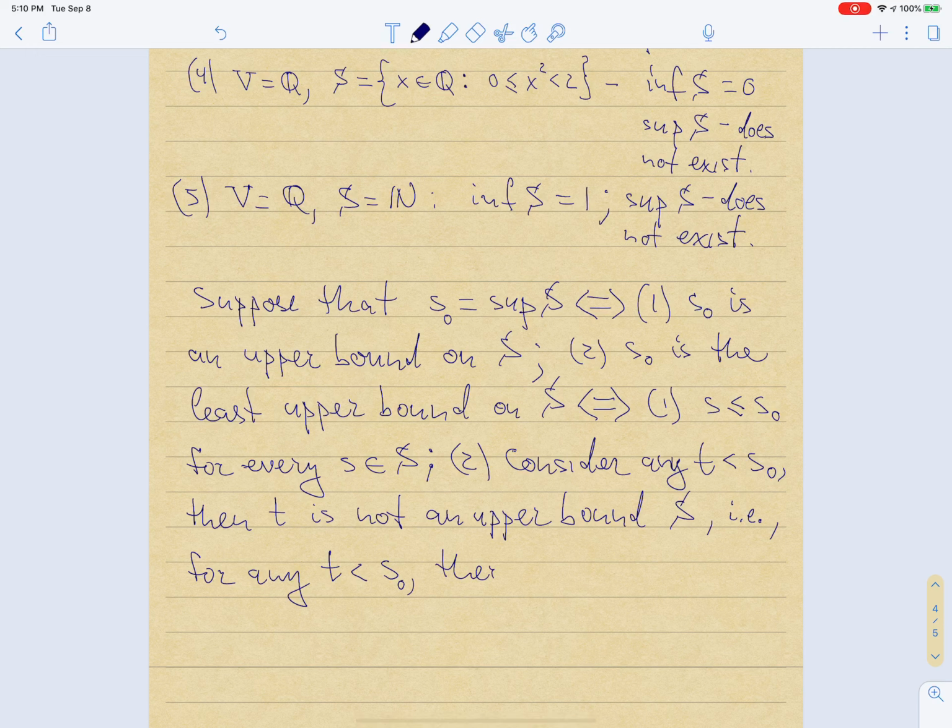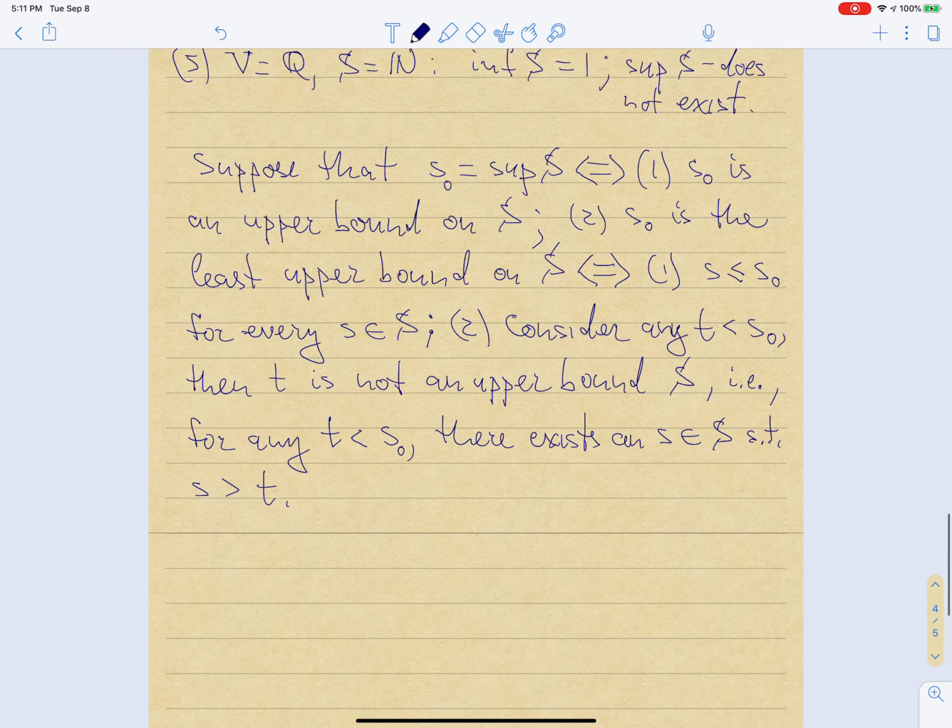So there exists an s in capital S such that s is greater than t. Once again, if I go below S0 and consider some number t below S0, then that's not an upper bound, and that means that I should be able to find an element which is, in fact, strictly larger than t.